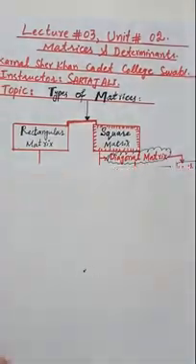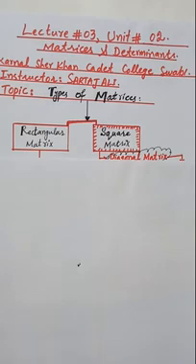What is a rectangular matrix? A matrix in which the number of rows and number of columns are not equal. So that matrix is called a rectangular matrix.